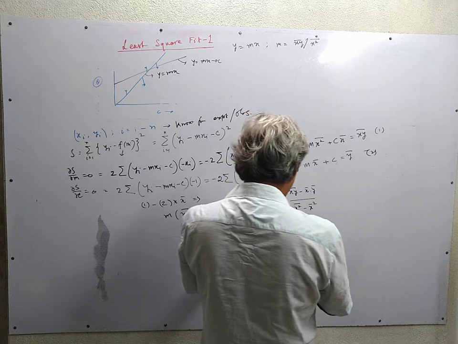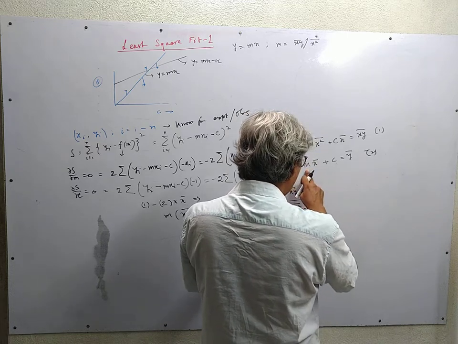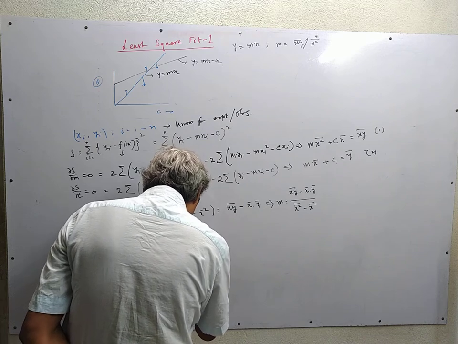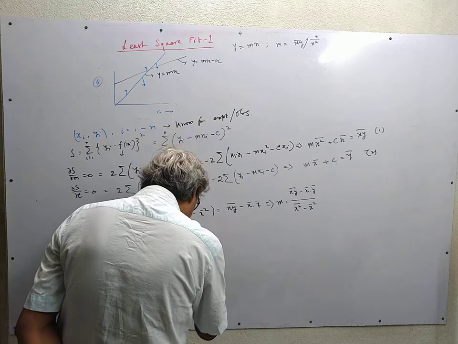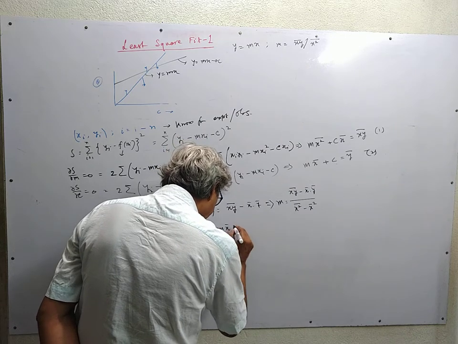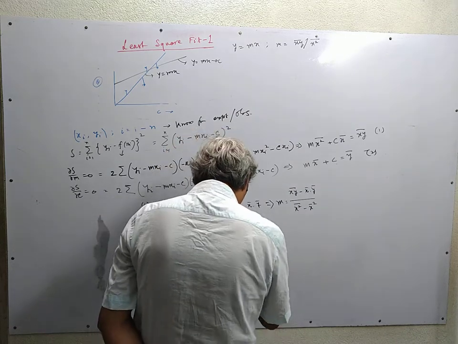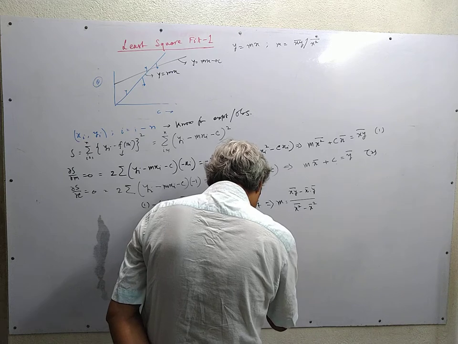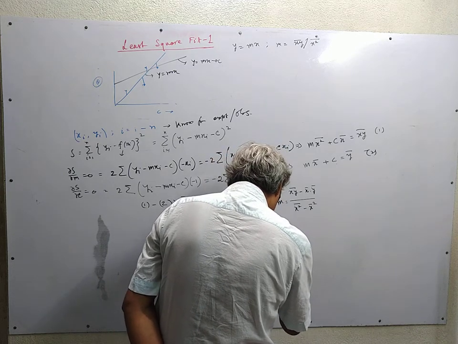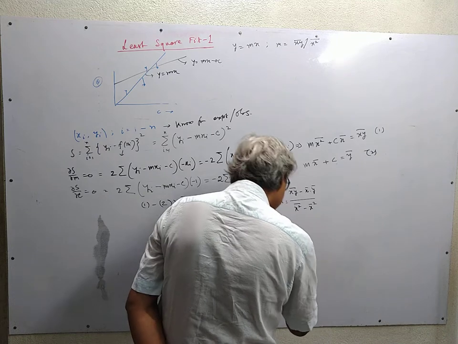Then if we put the value of m over here, we get the value of c. So c is equal to y average minus m x average. This is equal to y average minus x average times xy average minus x average times y average, divided by x square average minus x average square.